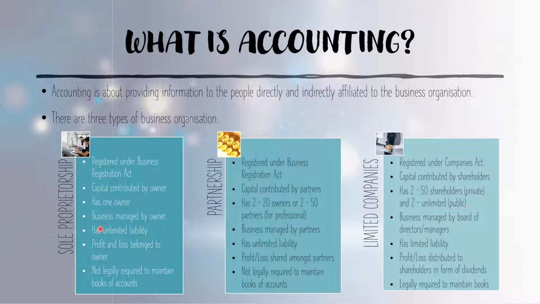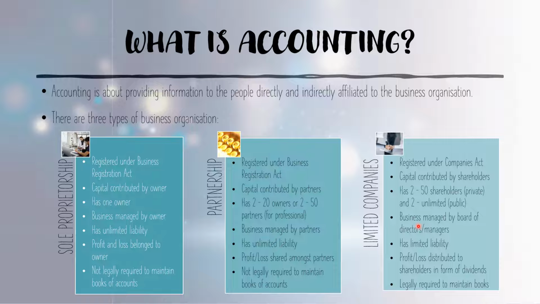And then the fourth characteristic is who manages the business. Under sole proprietorship, the business is managed by the owner. Under the partnership, the partners are the ones who manage the business. And under limited companies, the business is managed by a board of directors or manager. So usually under limited companies, the owners and the directors are two separate entities, meaning that they are not related to each other.